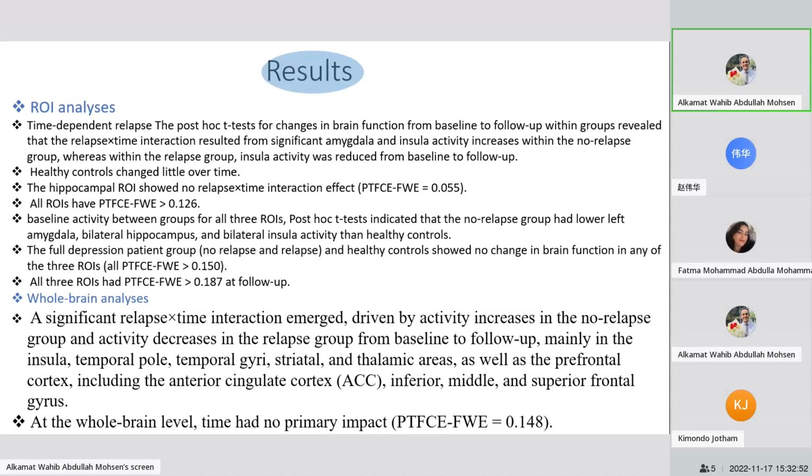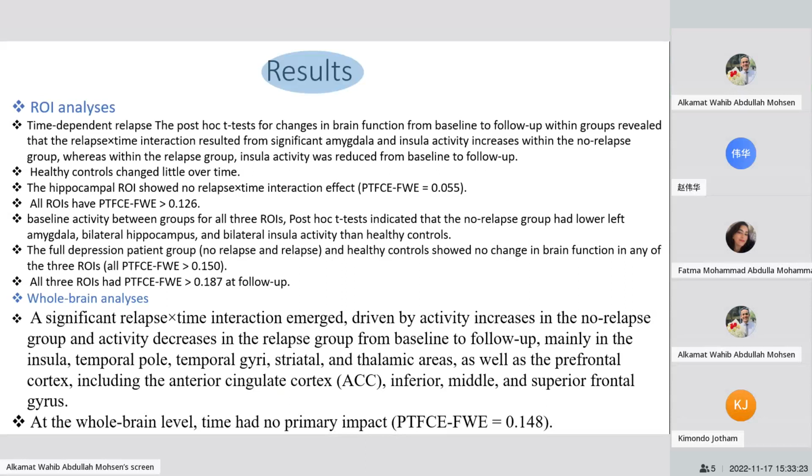The baseline group effect, or the impact between the groups, for all of the three analyses for ROI post-hoc t-test showed no group had lower left amygdala, ventral hippocampus and insula activity than the healthy control.